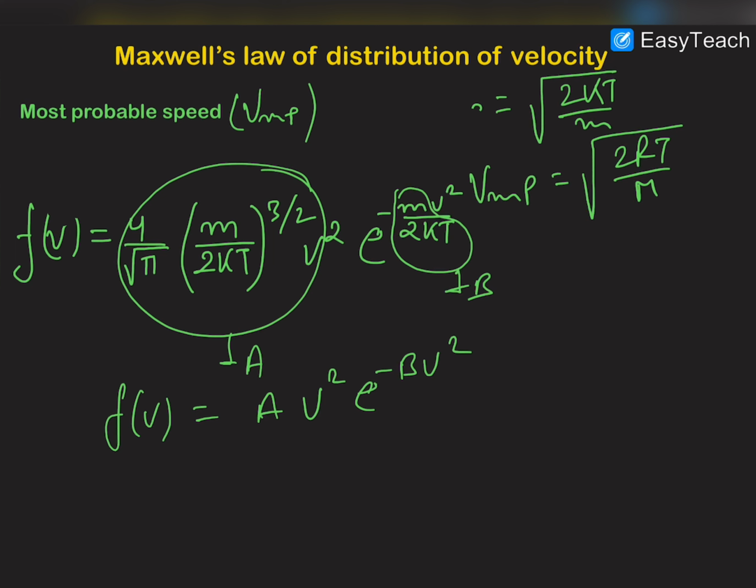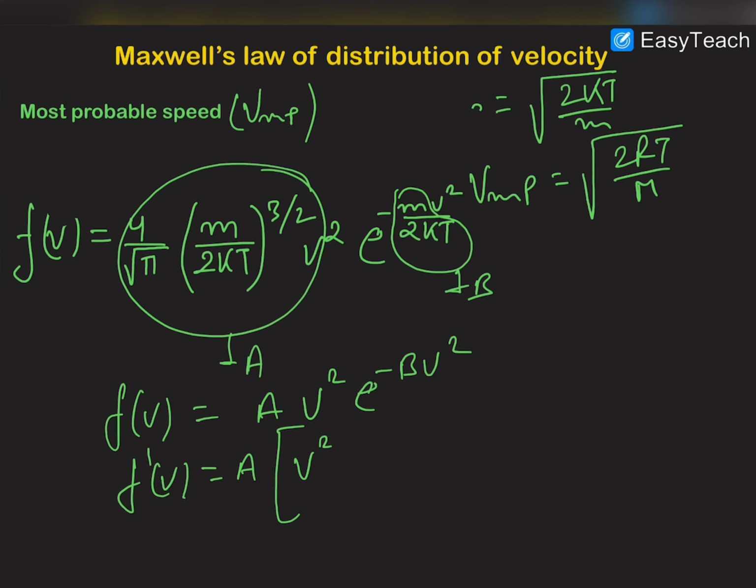So we know that for the most probable speed, this function Fv would be maximum, and therefore we differentiate this function and use the maxima minima technique. So differentiation would be done by the u into v method.